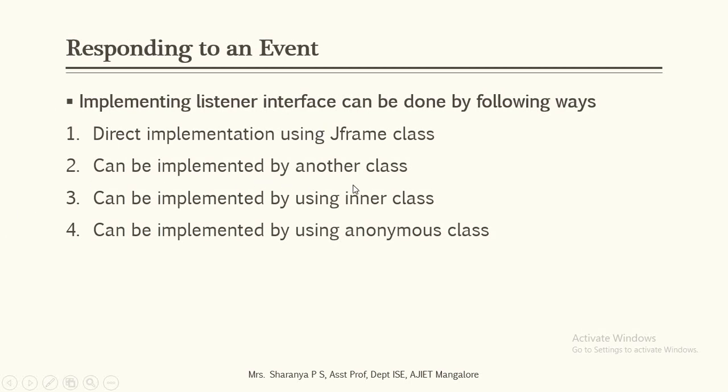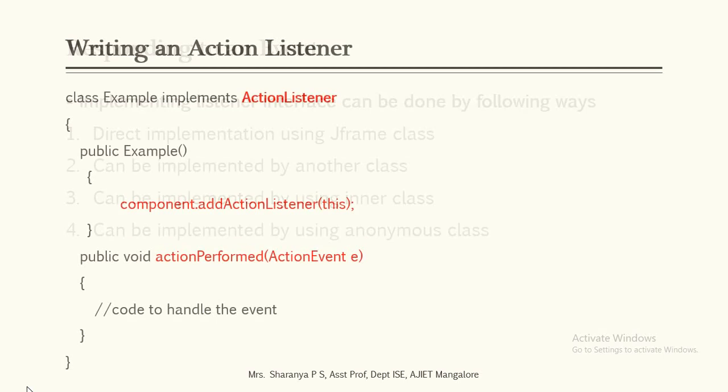Second, by using another separate class, we can respond to the event. One more, by using inner classes, we can respond to the event that is generated, and one more by using anonymous classes. These are the four different ways we can implement the listener interfaces to handle the events.